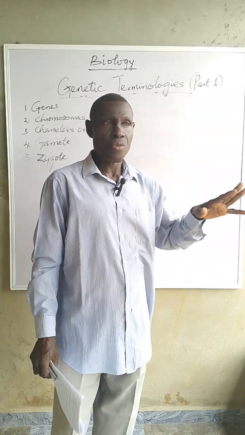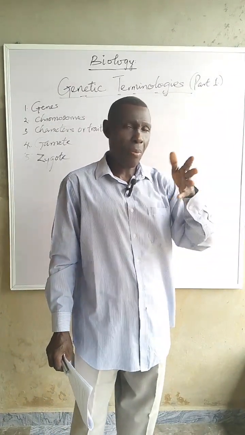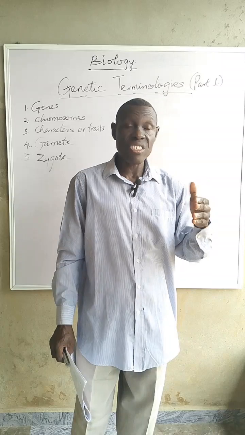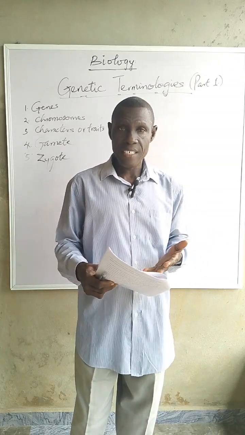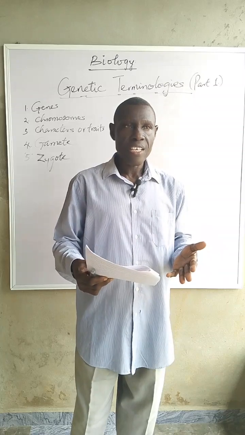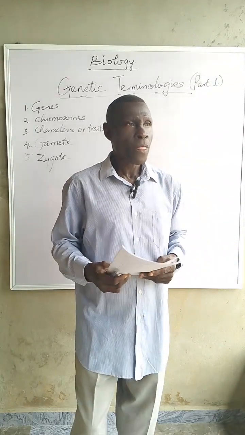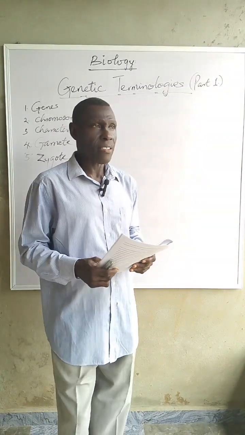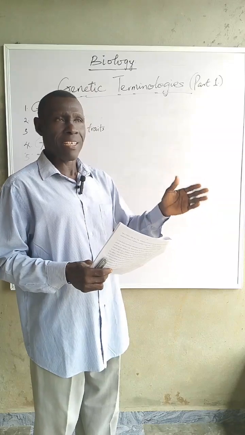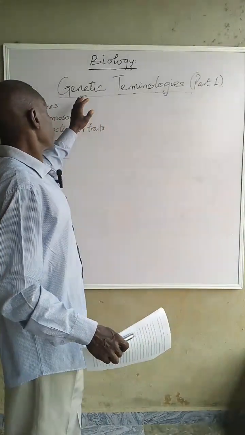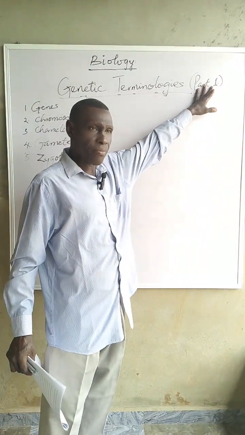If you don't, things will look a bit complex to you because it will sound strange. But if you get acquainted with these terminologies, when they are mentioned anywhere, you wouldn't be at sea. There are many, so I'll be giving you part one, part two, part three, as the case may be. Today we will title Genetic Terminologies Part One.